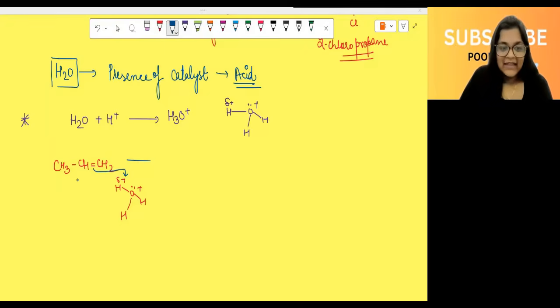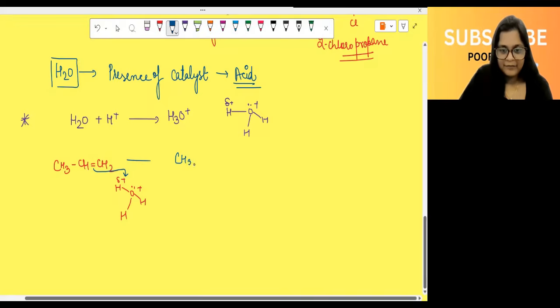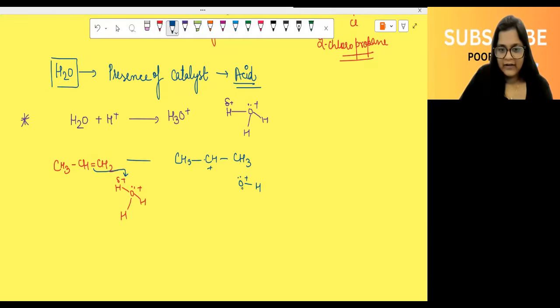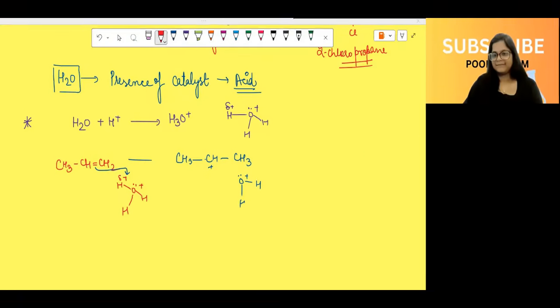Now the same thing, this double bond electron density will get attracted by this positively charged. So what will happen? You will have CH3, CH positive, CH3, and you have this OH, double bond over here, and one H.